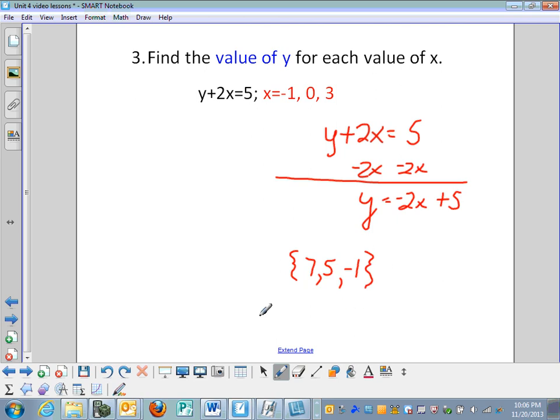This is set notation, but we are not going to list these from least to greatest because we want to list the corresponding value. So when x is negative 1, y is 7. When x is 0, y is 5. When x is 3, y is negative 1.